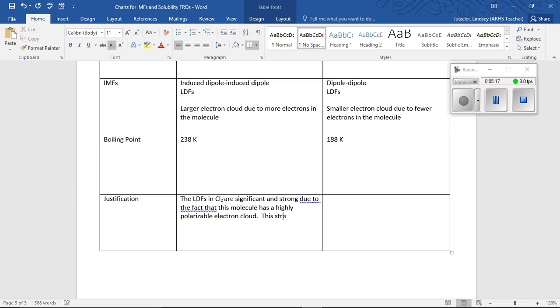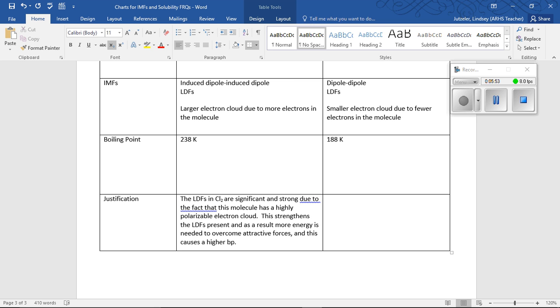This strengthens the LDFs present, and as a result, more energy is needed to overcome attractive forces, and this causes a higher boiling point.